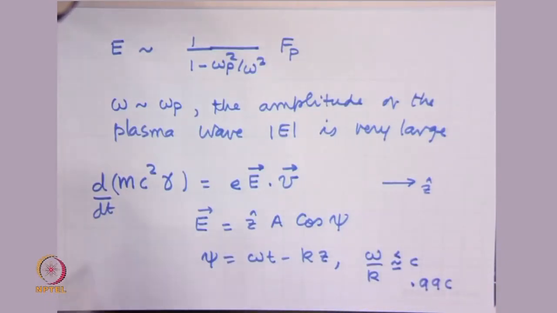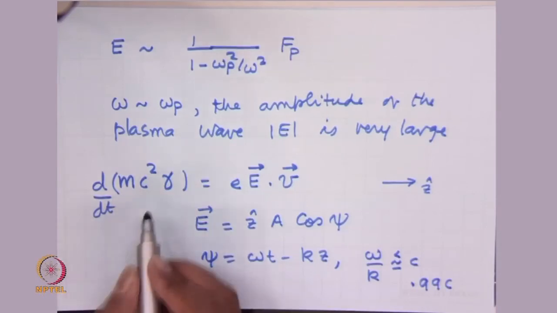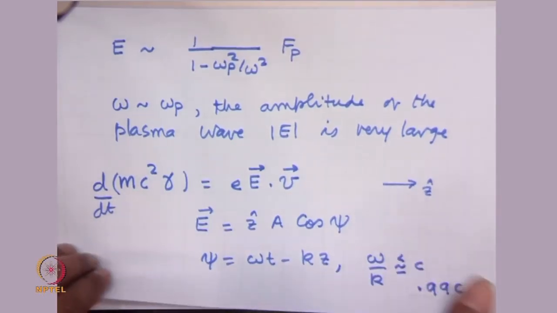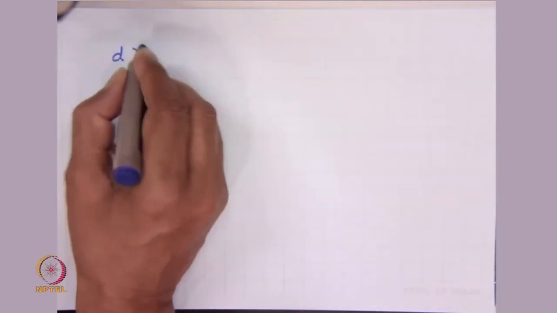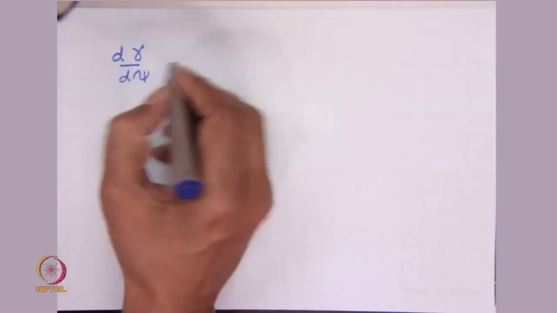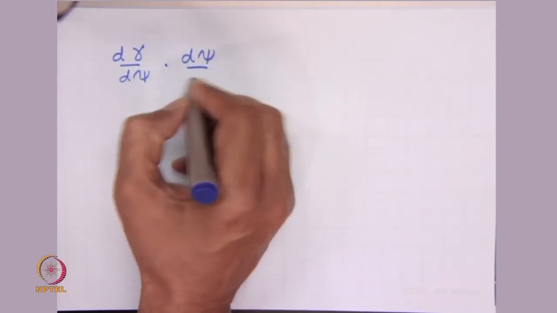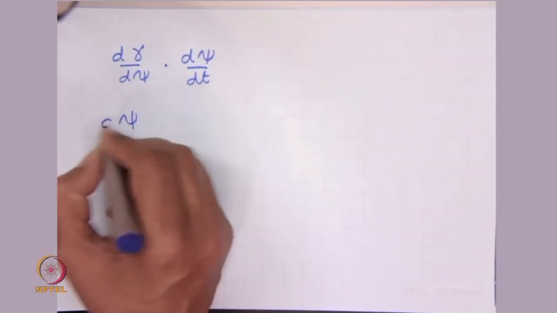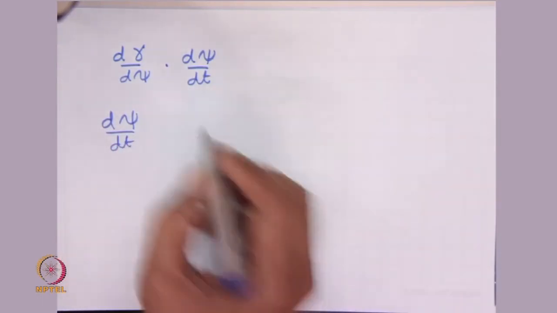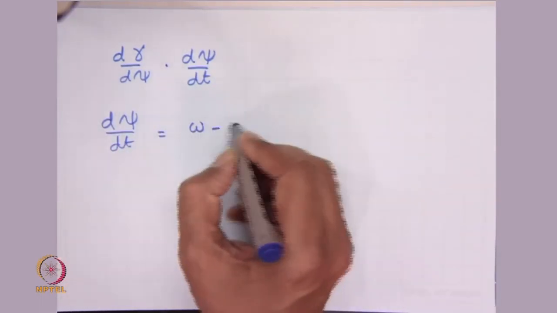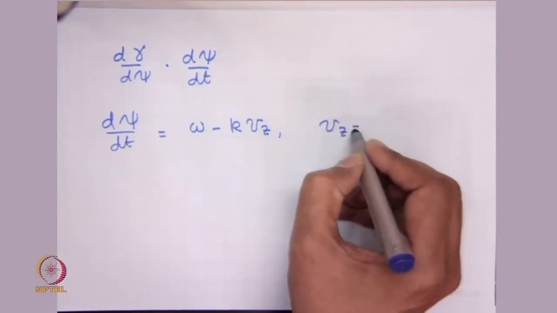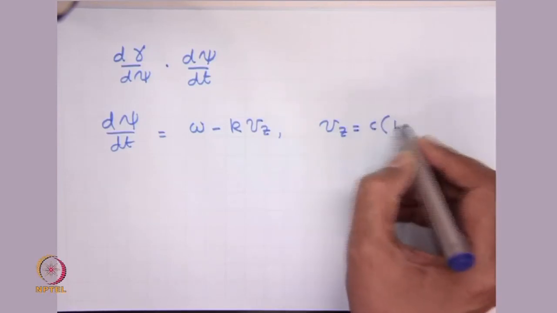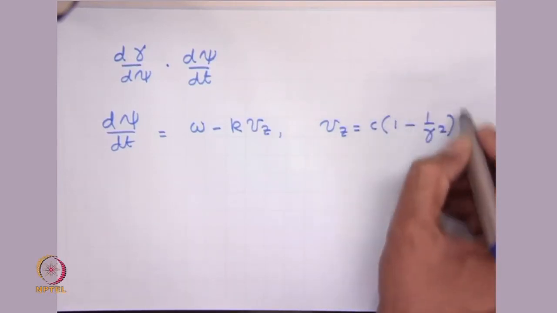What happens that if you solve this equation, which is very simple to solve, rather than solving d dt, you solve the equation for d gamma by d psi and d psi by dt, where d psi by dt, if I differentiate the expression for psi, turns out to be omega minus k Vz, and Vz is related to gamma by this relation, c into 1 minus 1 upon gamma square to the power half.